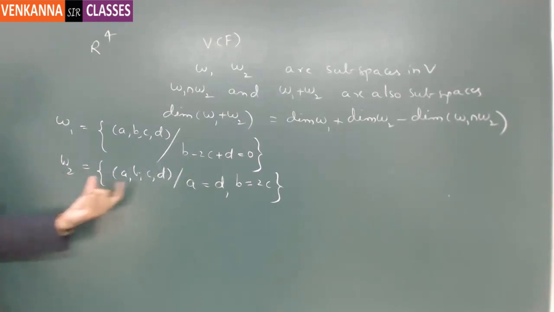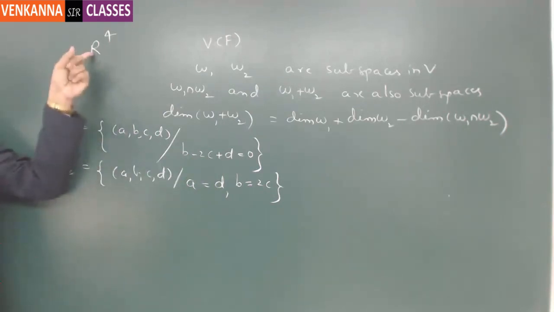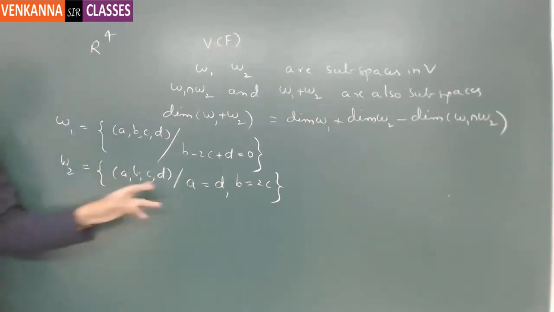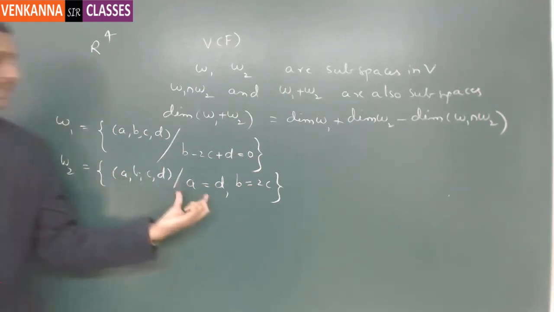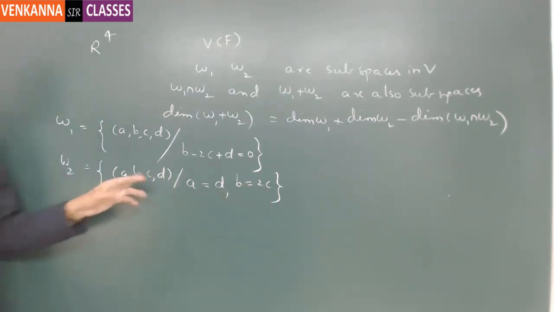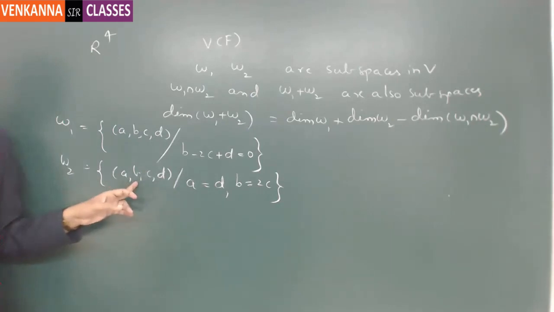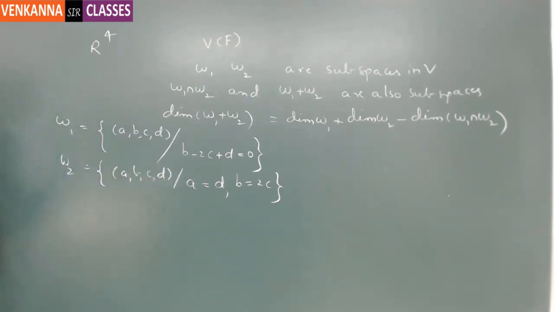W2 is nothing but set of all 4D points in R power 4 such that the coordinates satisfy this one. So first and fourth coordinates are equal and second coordinate is twice the third coordinate. So you are going to find the respective dimensions and the dimension of the intersection. That was the task of this problem.